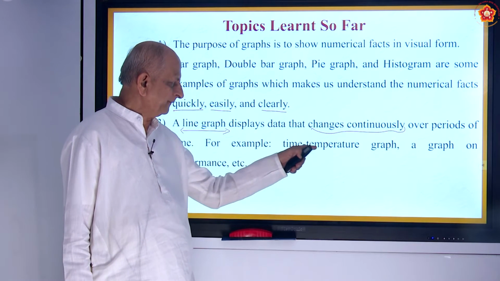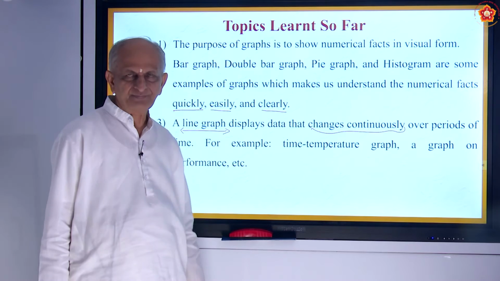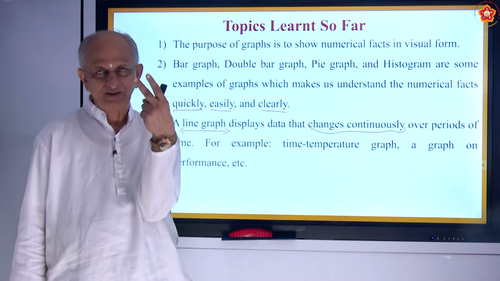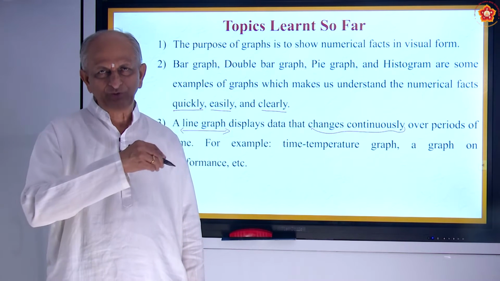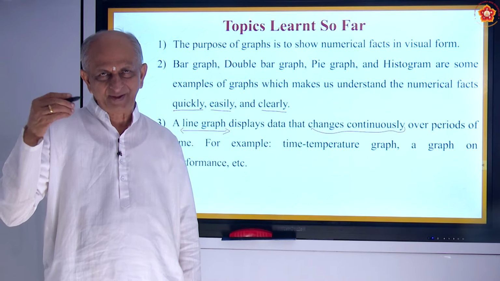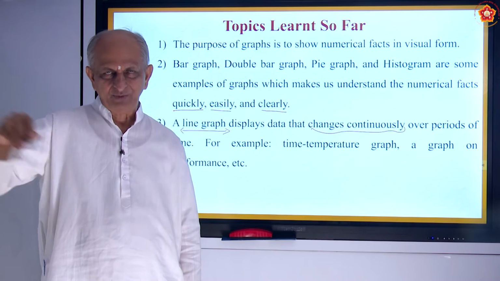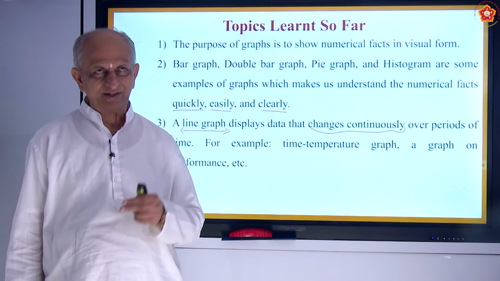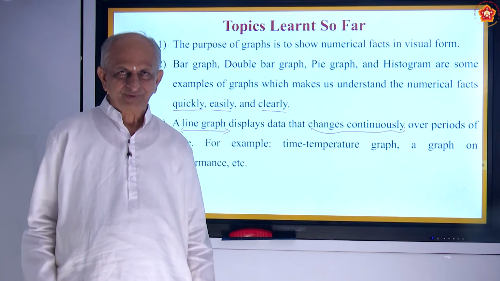So a time-temperature graph, or a graph on performance. Say, suppose there is a match between two teams. When one match is over, for example India-Pakistan, 150 overs match. So one match is over, the second match started, and for every over they will show a comparison.